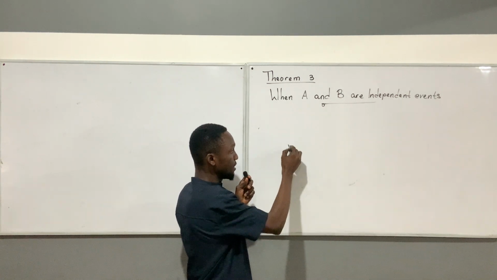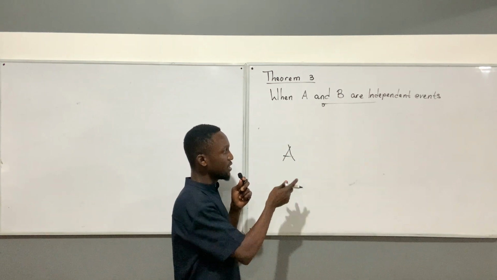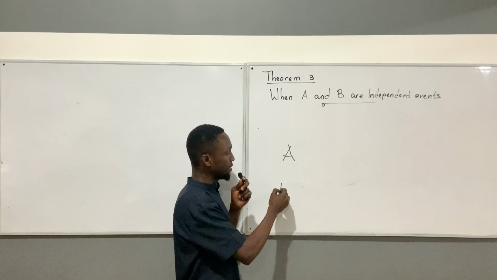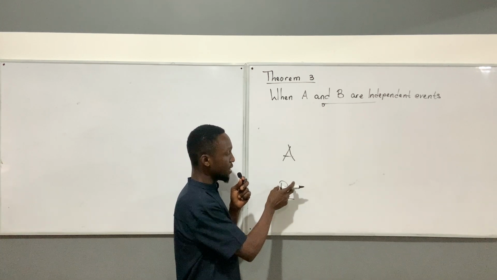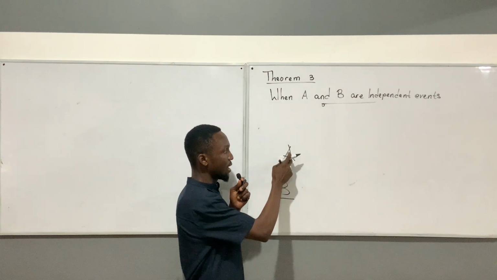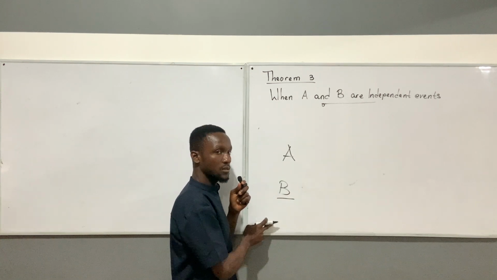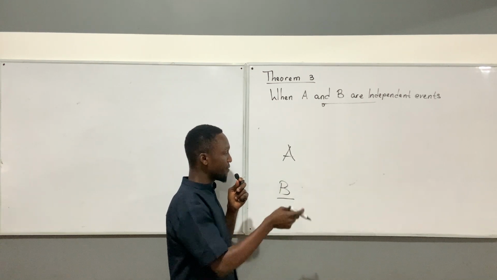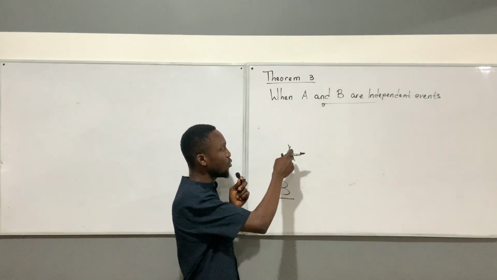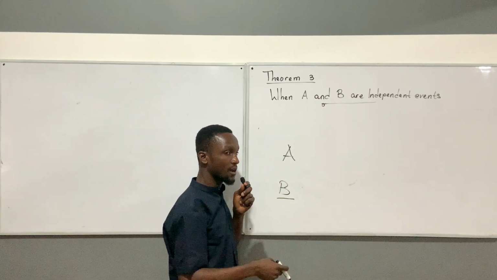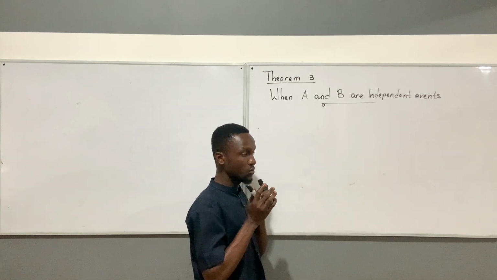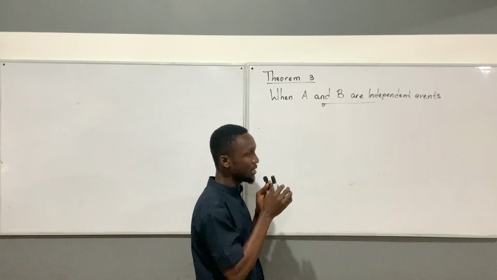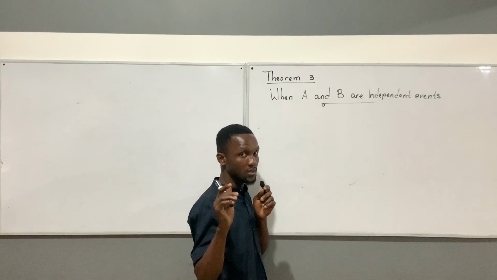This means if event A occurs, it doesn't have any effect on the occurrence or non-occurrence of event B. In the same way, the occurrence of event B will have no effect on the occurrence and non-occurrence of event A. So in a nutshell, the events A and B do not influence each other.